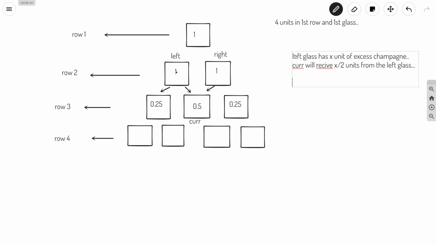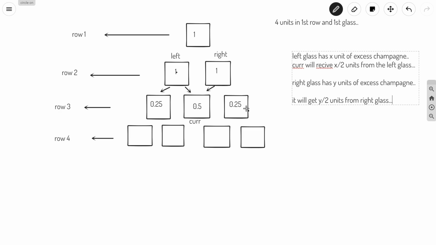And similarly for the right glass, if the right glass has y units of excess champagne, it will get y by 2 units from the right glass.